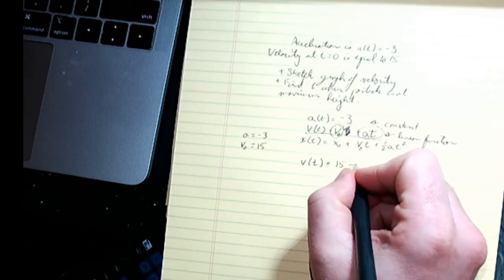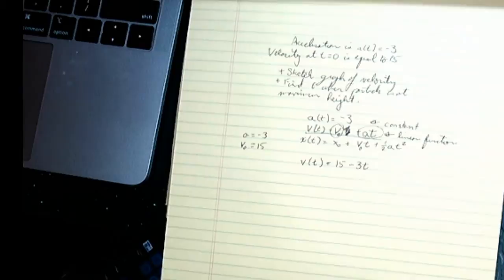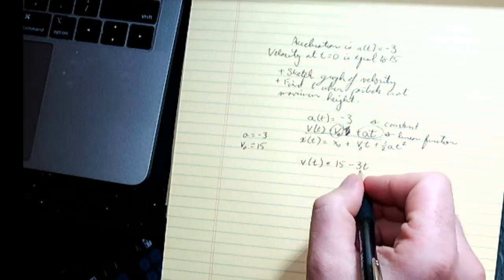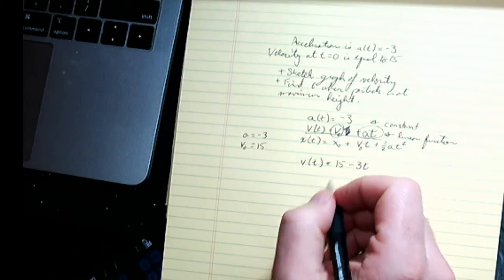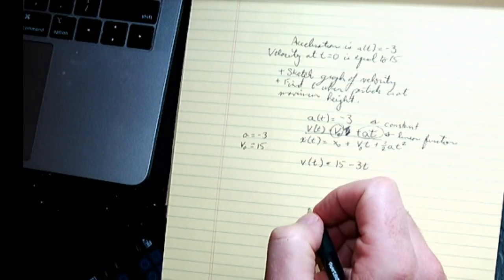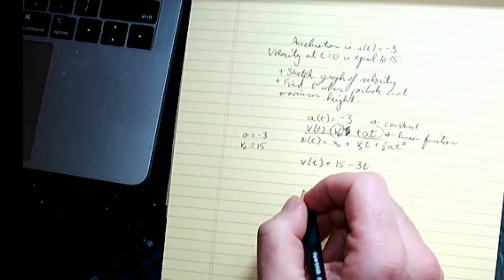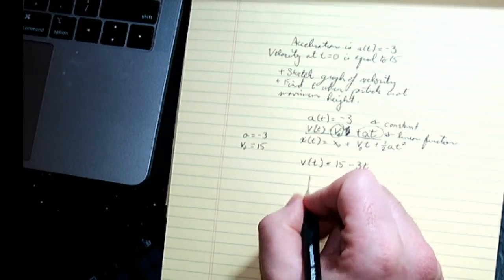Well, a is -3, so it's -3 times t. And you know exactly what this is. This is a line. It's got slope -3. It's got what you'd normally call y-intercept 15, except in this case the two variables aren't x and y like they were when you're looking at lines.